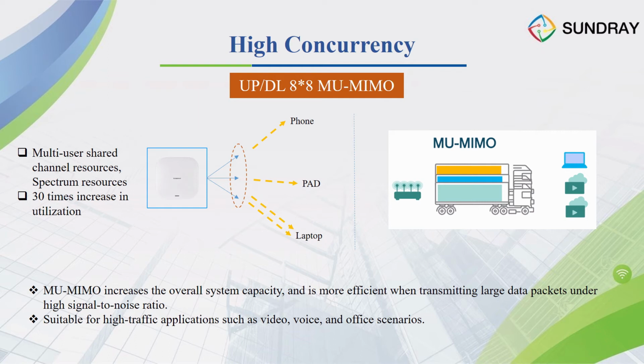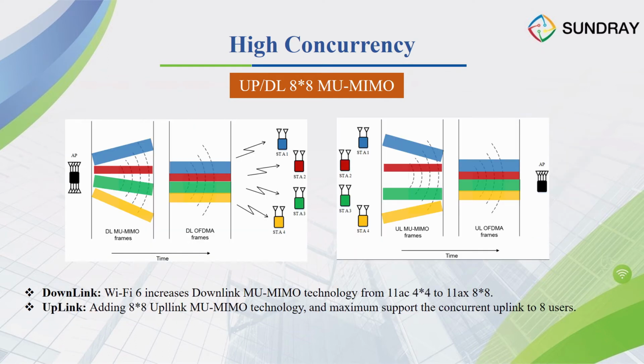So here you can see that this one, from the AP to the station side, we call the downlink MIMO. For this downlink MIMO, Wi-Fi 6 goes from 4x4 MIMO to 8x8 MIMO. And then the second picture is from the station to the AP.